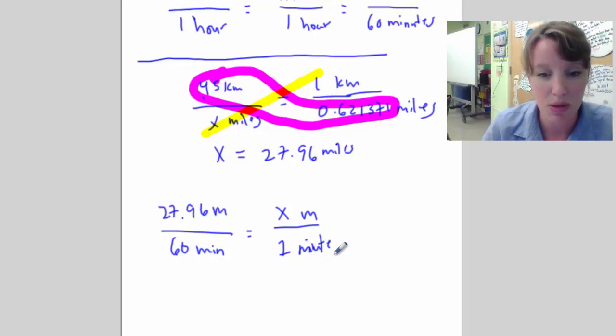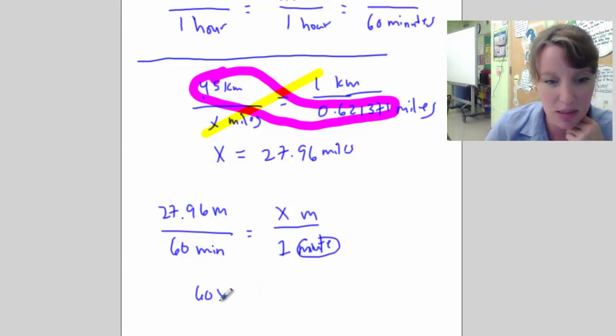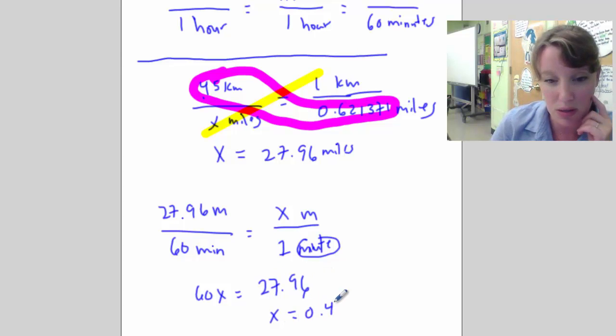So when you do this, you'd get 60x is equal to, because you're using cross products, 27.96. So x must be equal to 0.466 miles. Okay?